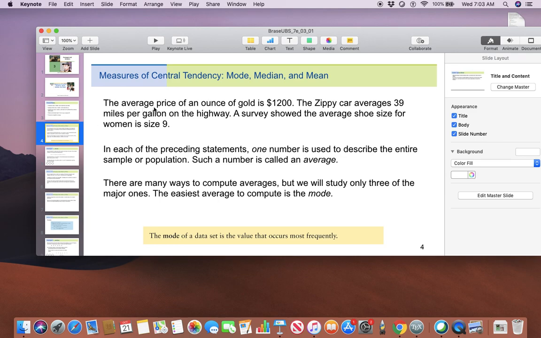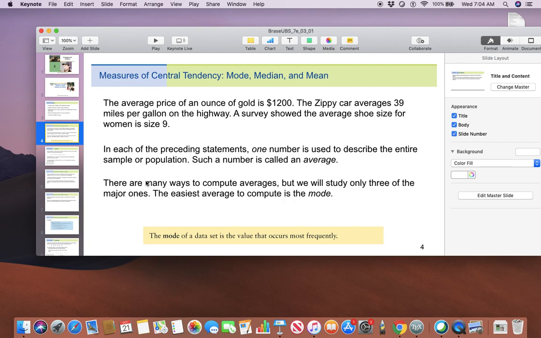You have statements here. Average price, average so many miles per gallon, average shoe size. In each of the preceding statements, one number is used to describe the entire sample or population. Such a number is called an average. So with one number, you have some idea about the entire population.